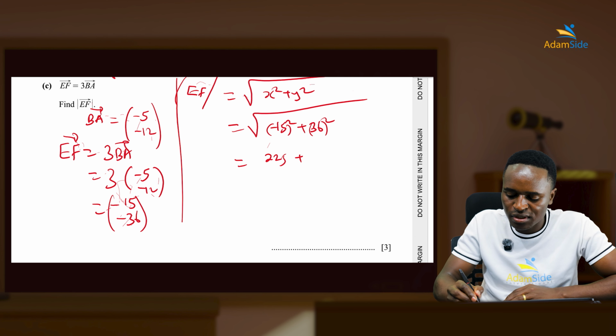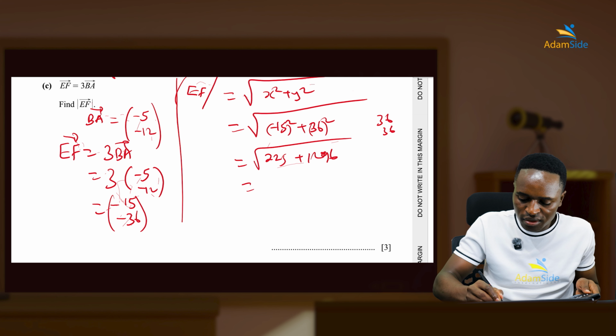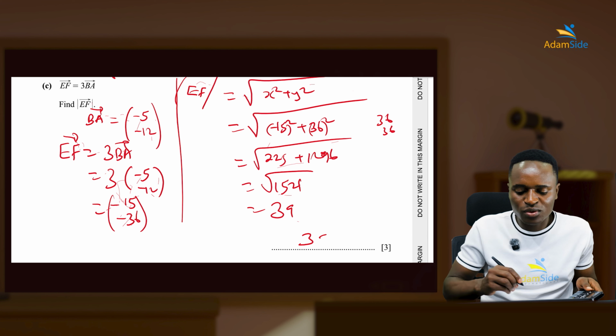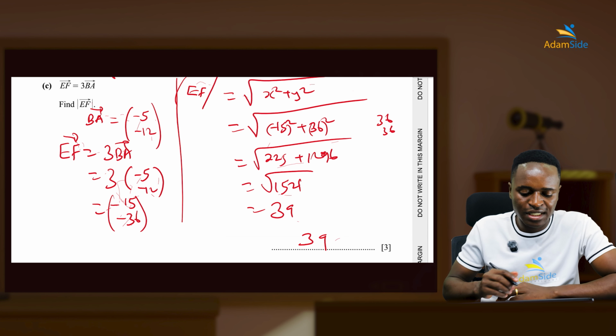What's 36 times 36? 1296. Then find its square root. 225 plus 1296 is 1521. What's the square root of 1521? You get 39. You can as well do that. Or you can just find the magnitude and get your correct answer.